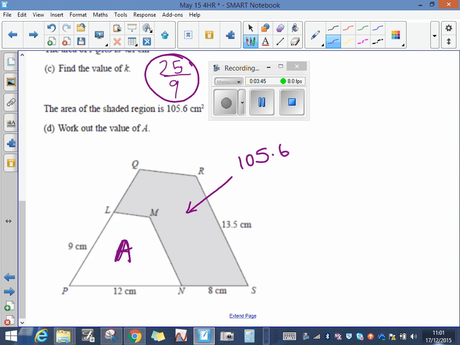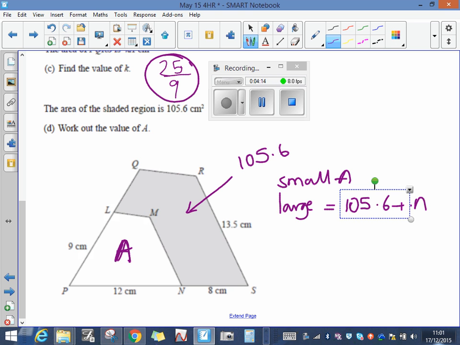So the area of this small quadrilateral, multiplied by 25 over 9, gives us the area of the whole thing, not just the 105.6. Now, if we look at it, the area of the small quadrilateral is A, and the area of the large quadrilateral is made up of the shaded bit and A. So the large area is actually 105.6 plus A.